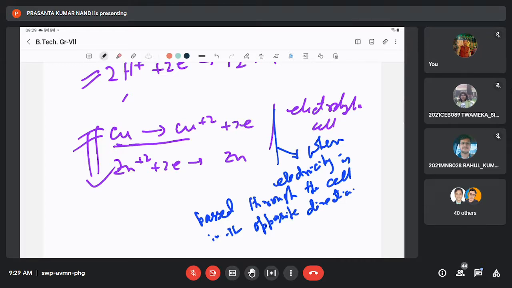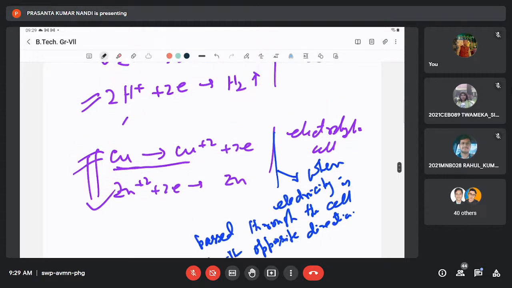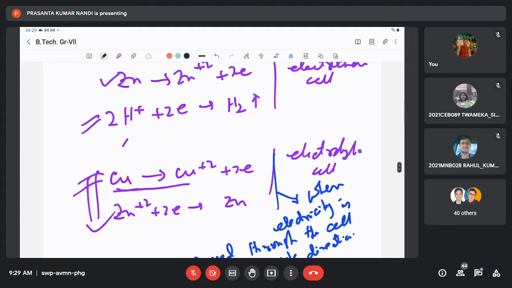Just like the Daniel cell, the reverse reaction should occur, but interestingly, not exactly the reverse reactions occur. Copper goes to Cu2+ plus 2 electrons. That means the copper electrode will decay, and the zinc electrode which had decayed will again be filled up.